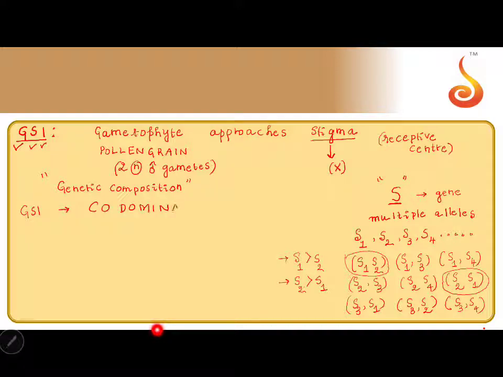So if there are two alleles, we have two expressions possible. One is dominance, as I told here, where one of the alleles will express over the other. So both of them can have a chance of getting expressed depending upon the composition.